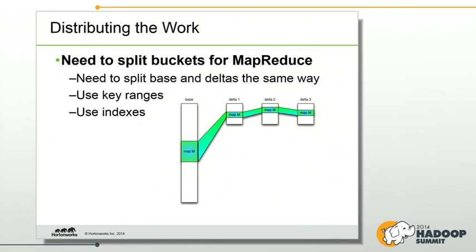So it was important that when you slice the base into different parts, that you read the corresponding parts on the delta files. So the way it works is that in the base file, you find a key range, and then you use that key range when you're reading the deltas. So that the deltas, you only see the deltas for the key ranges that you're interested in. OK, and with that, I'll switch off to Alan.